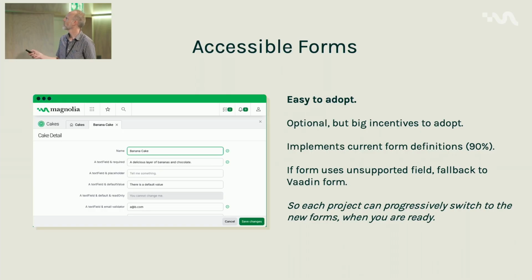So the way that works, why we say it's optional and easy to adopt, is that if your form is using a field that we haven't implemented yet, then it will just render the old form. Everything is still going to work. For the forms where all of the fields are supported, it's going to render the new UI.